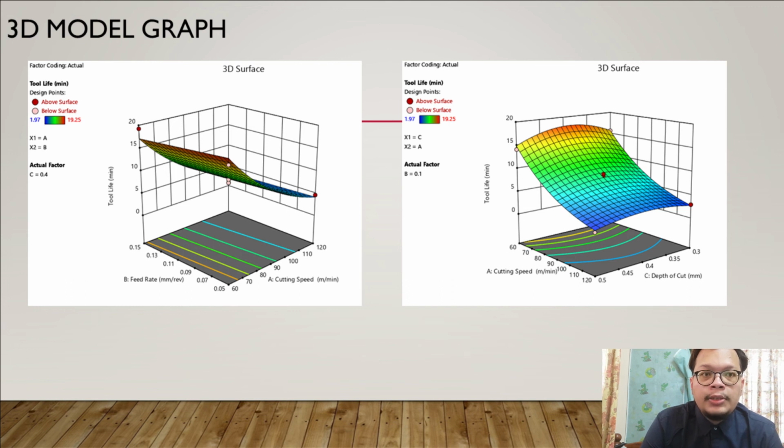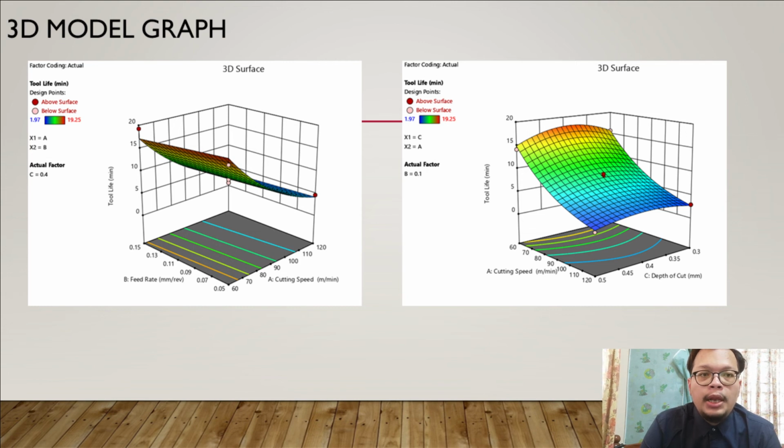The 3D surface model graph of tool life demonstrates the interaction between two variables, particularly cutting speed and feed rate, and the influence of depth of cut and cutting speed.